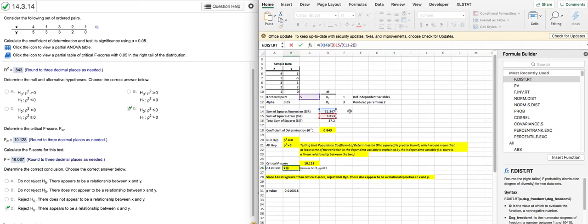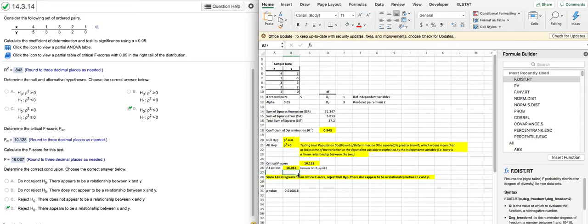The denominator has 2 parts: the sum of squares error figure, in this case 5.83, divided by the number of ordered pairs, which is 5, minus 2. The C11 reference here is the number of ordered pairs, and the minus 2 is just a direct input. That's how we get the F-test statistic.